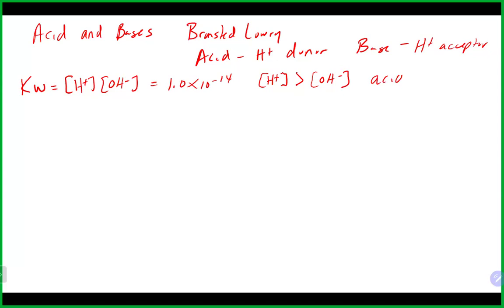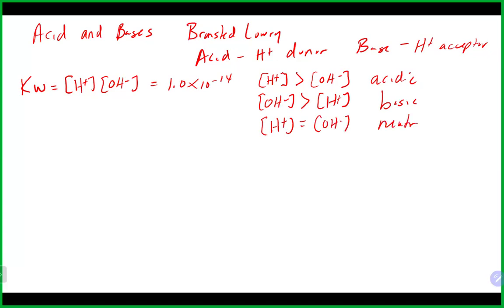It would be an acidic solution. If the OH minus is larger than the H plus, then the basic part is bigger than the acid part, and it will be basic. And if they do equal each other, it will then be a neutral solution. They both will equal 1 times 10 to the minus 7.